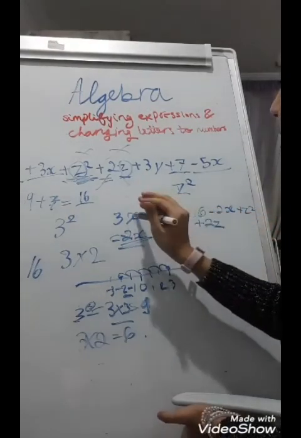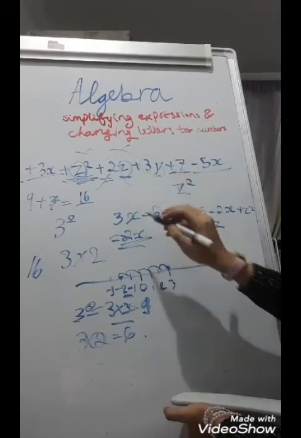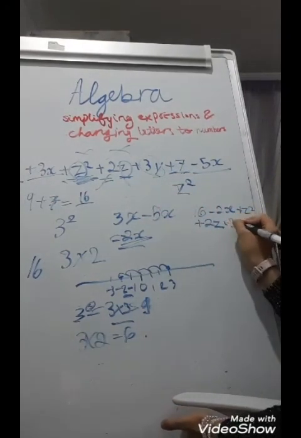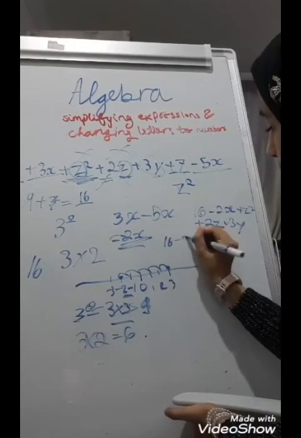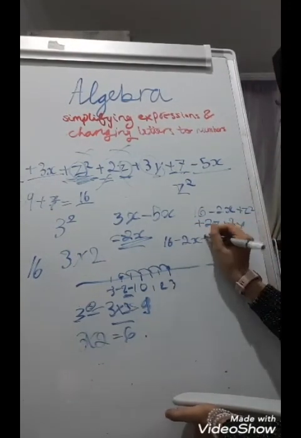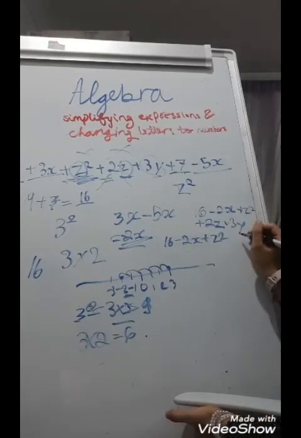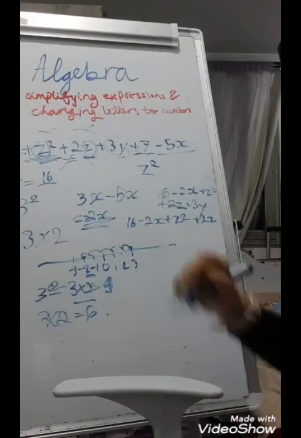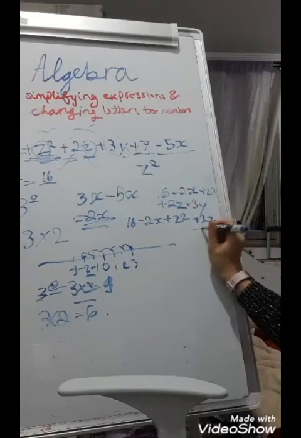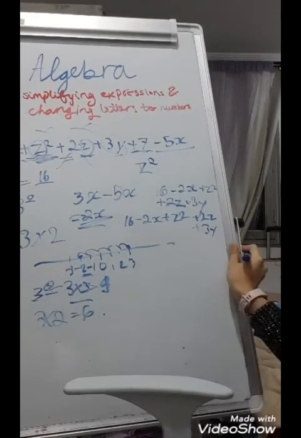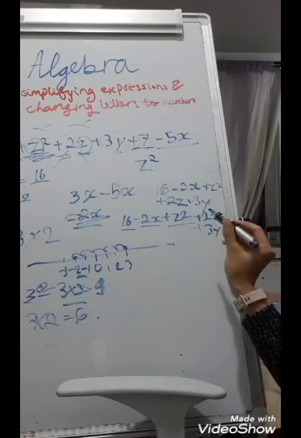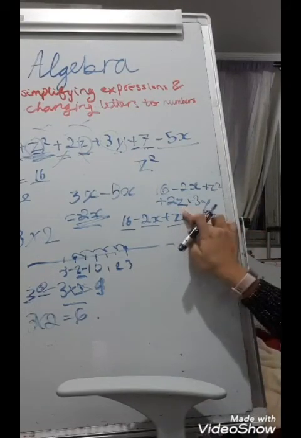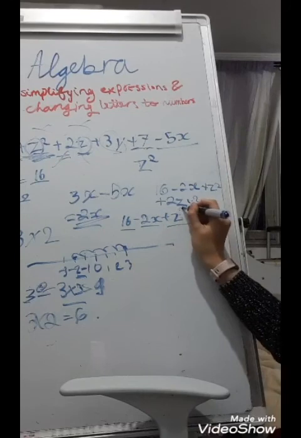Wait, isn't there any y's? No. So it's 3y, and that's my answer. So it's 16 minus 2x plus z to the power of 2 plus the 3y, and that's my expression.